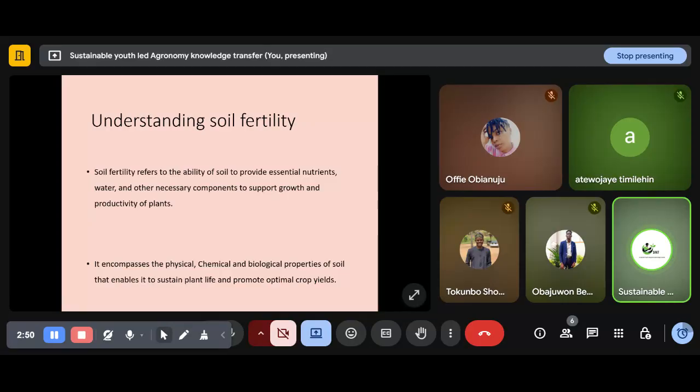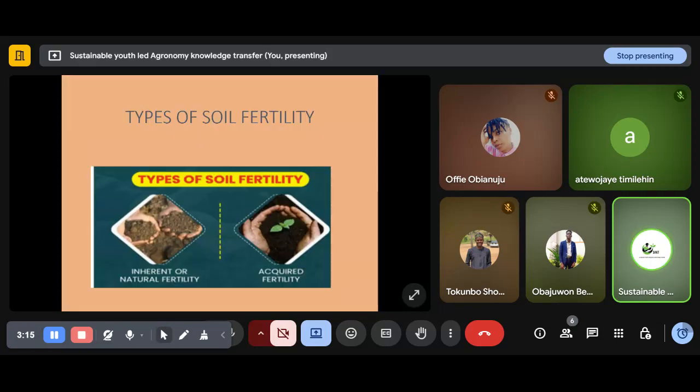So it encompasses the physical, chemical and biological properties of the soil that will enable the plant to have good yield. Soil fertility is more of a holistic, broad term that has to do with the physical, chemical and biological properties of the soil.